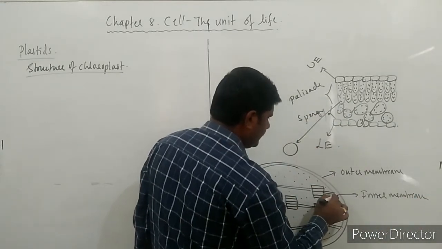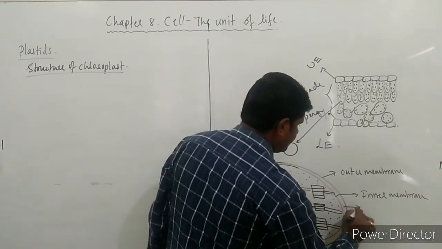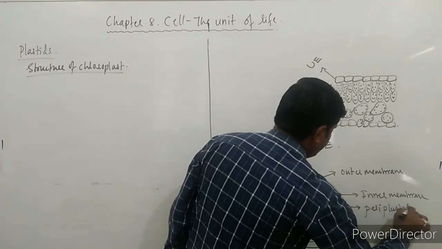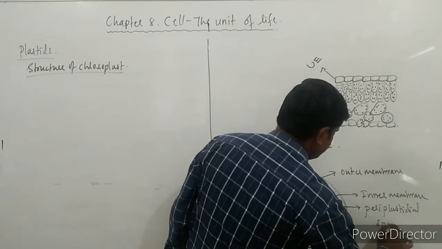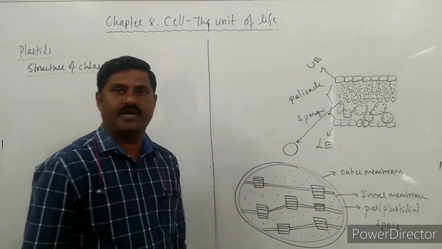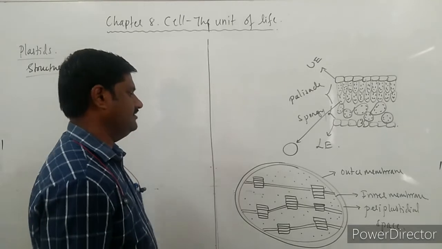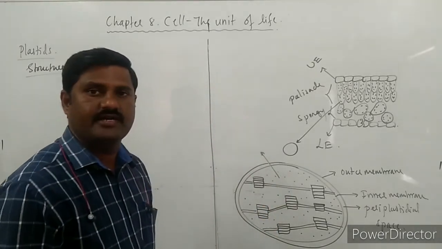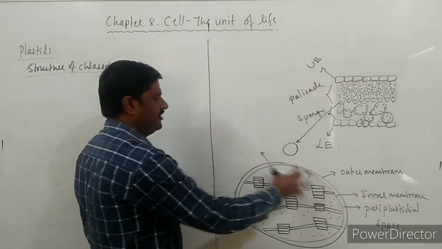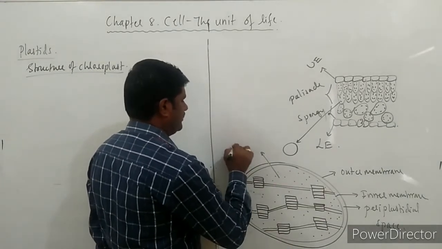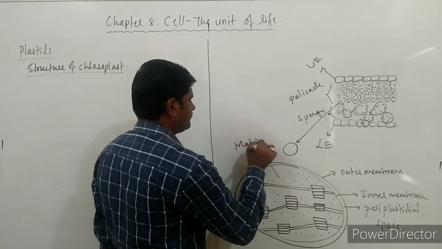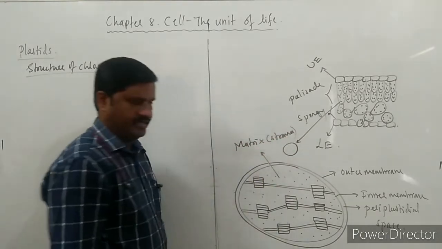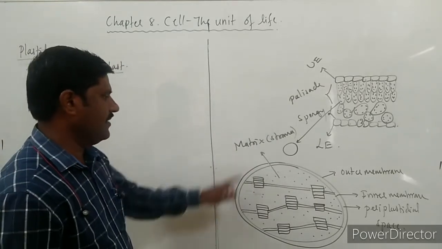And in between these two membranes there is a space called the periplastidial space. Periplastidial space it is called, and there is a fluid structure, an electron dense watery substance, filled within it. It is called matrix or stroma. It is called stroma or matrix also.